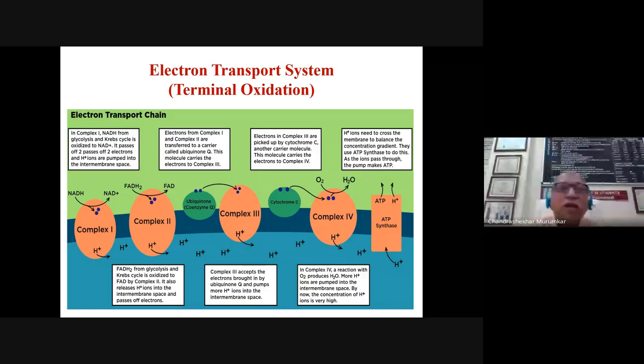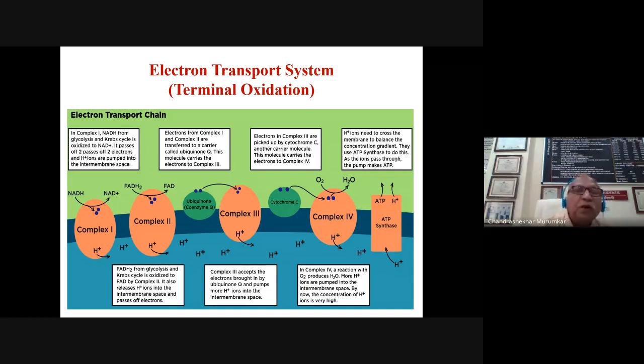It is also called terminal oxidation, and it is also called the electron transport system. So this electron transport system is ultimately linked with the phosphorylation process. Now how it is combined with the phosphorylation process, let us discuss this issue also.